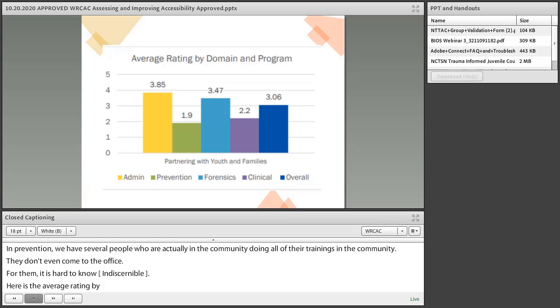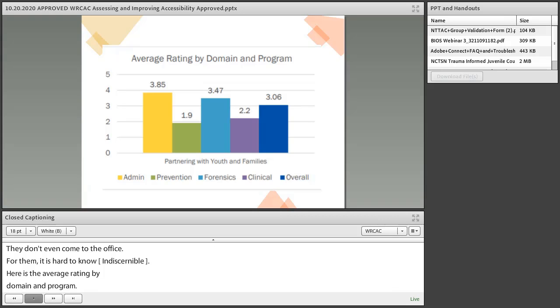Okay. And then there's average rating by domain and program. So this is just another way of looking at it for folks that like things laid out a little bit differently, like myself. You can see when it comes to partnering with youth and families, which again was our lowest score, you could see the variation, right?